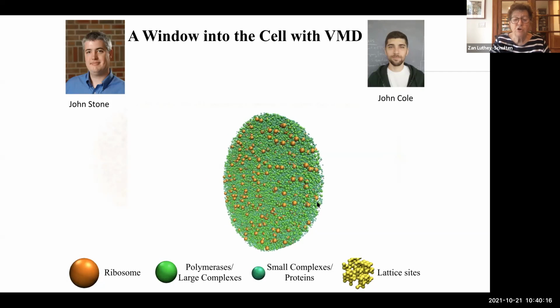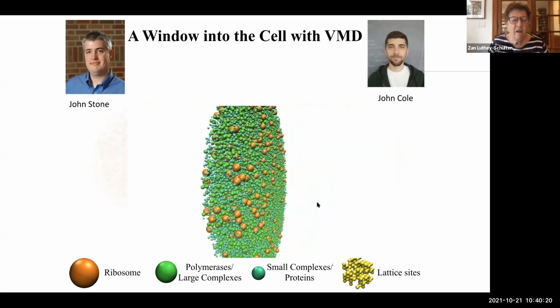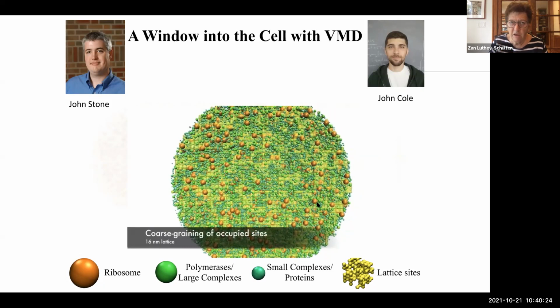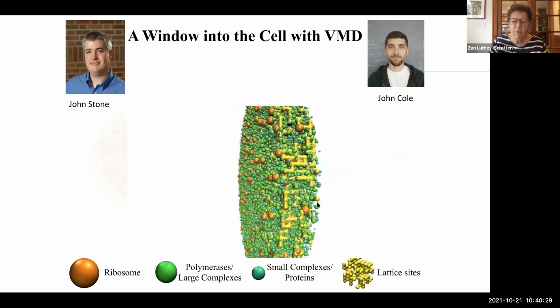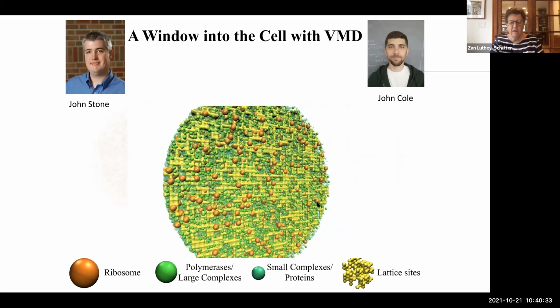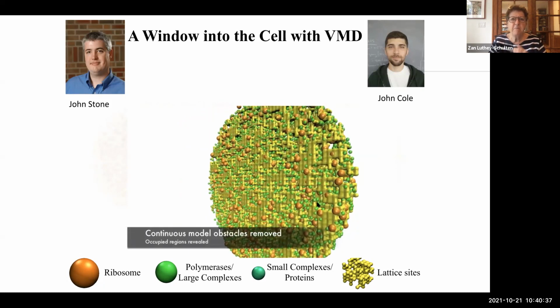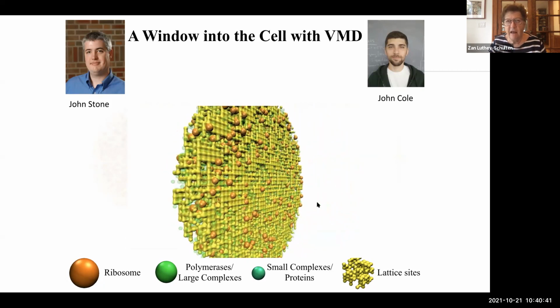So what I wanted to show you is that if you really start packing things into the cell, you have almost like little channels being formed at any one instance in time. And now we're looking at everything that has a lattice site that is occupied. And what I mean by occupied, if you could have, say, maybe up to 8 particles, depending on their size, in a particular lattice site.